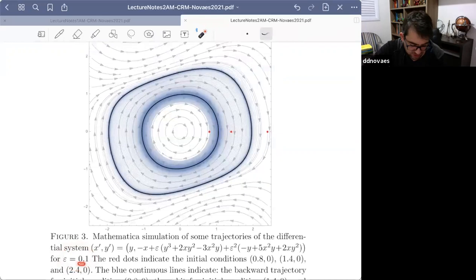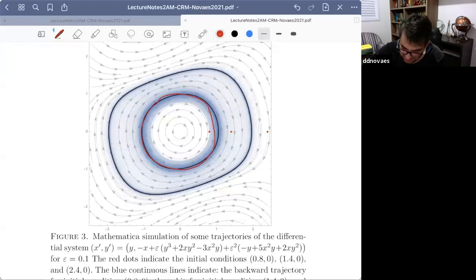Okay, of course, when epsilon goes to 0, then the averaging method ensures that this periodic solution converges to a circle.